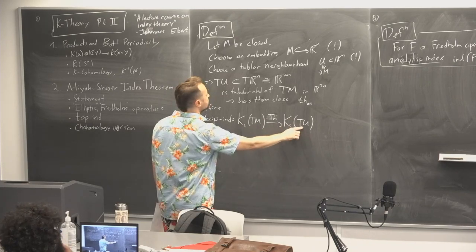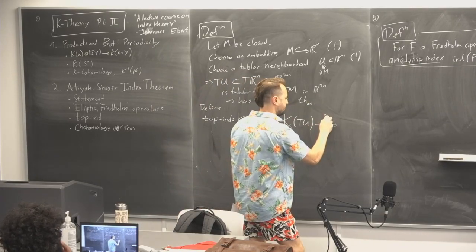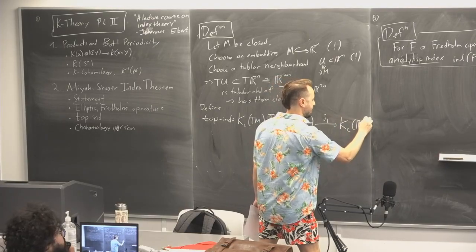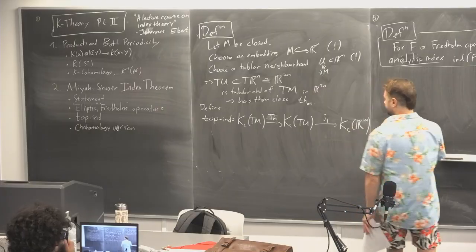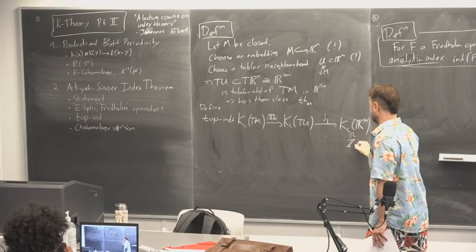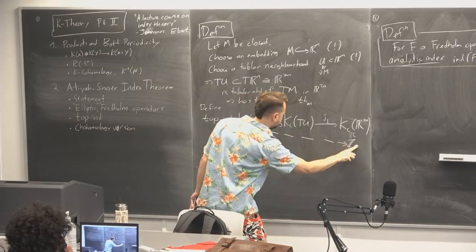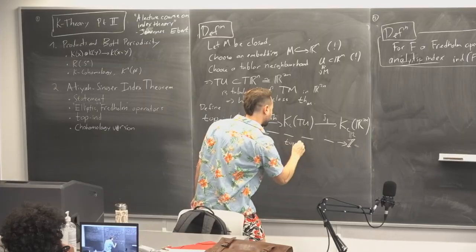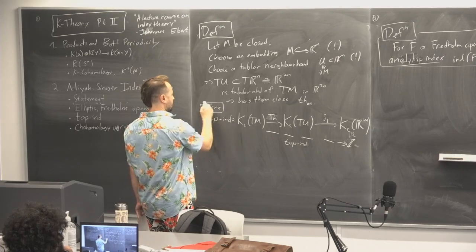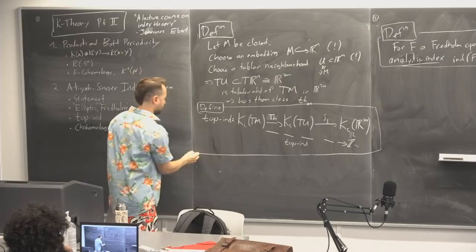This is an open subset of this, and so we get a push-forward map to the compactly supported K-theory of R^2n, which by Bott periodicity we said is isomorphic to Z. So this whole homomorphism is called top ind. It takes a compactly supported element of the K-theory of the tangent bundle, and it gives us an integer.